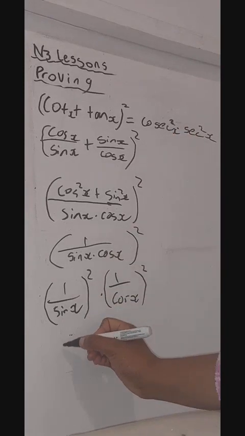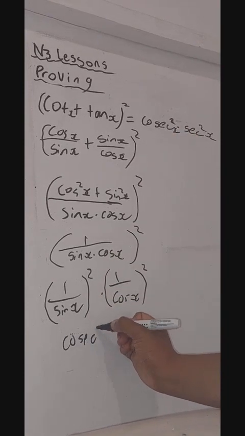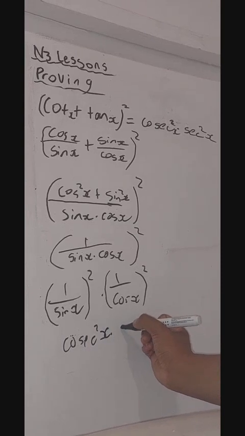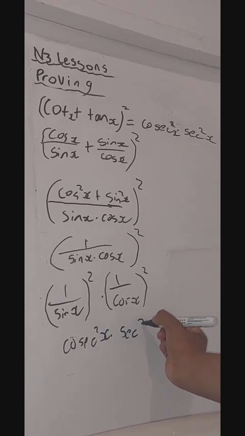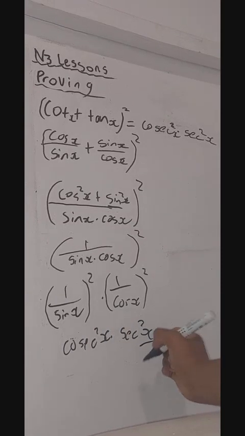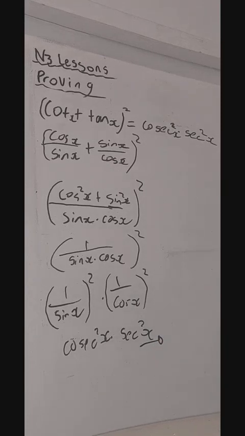So it's the same thing as cosec squared x times sec squared x. So the right hand side is equal to the left hand side.